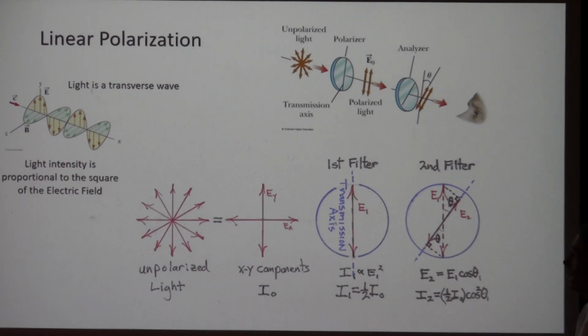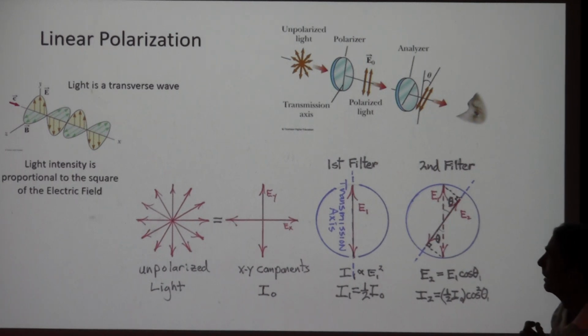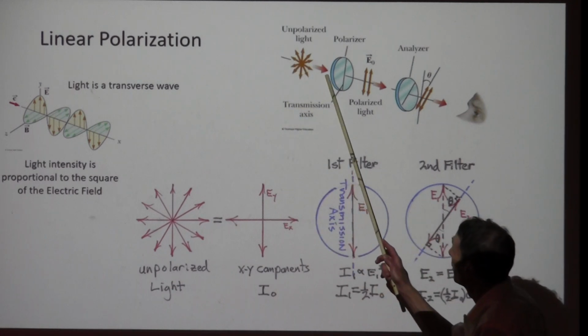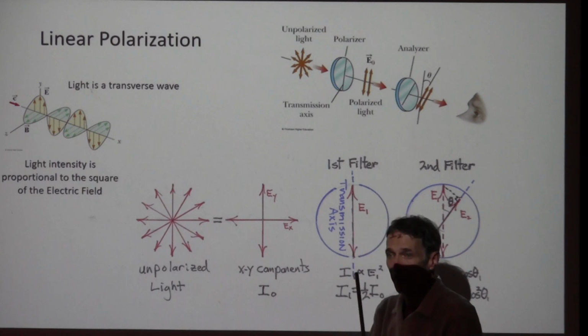Okay, there's just one other topic we haven't gotten to yet. This is kind of a fun one, the idea of polarization of light. The idea is that light starts off unpolarized. Light is a transverse wave, it's vibrational.